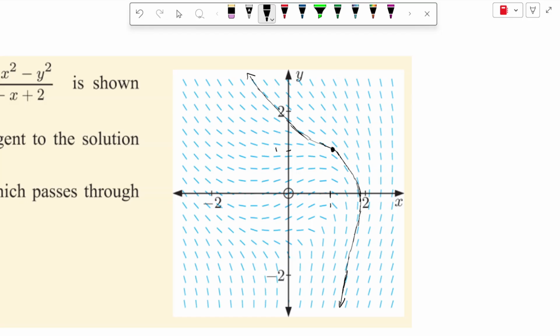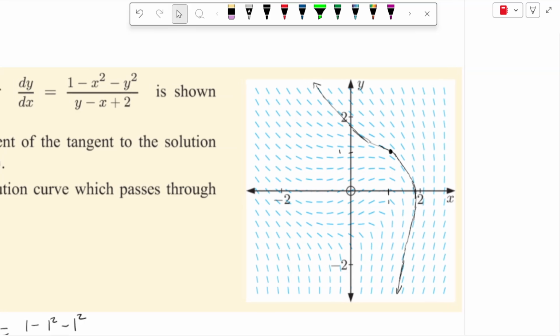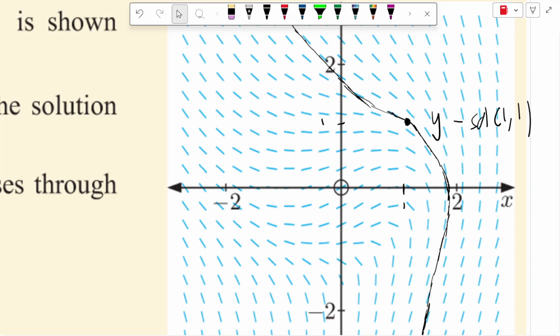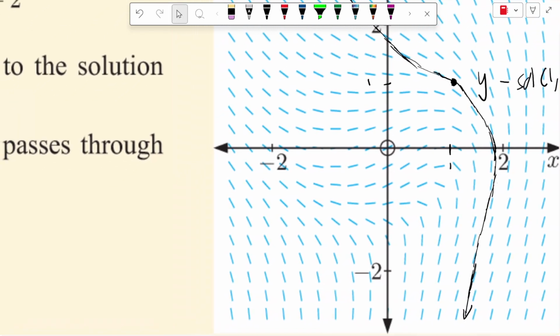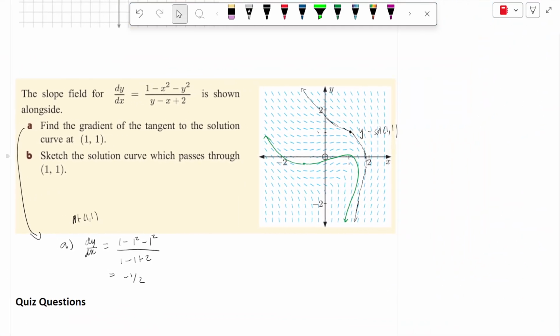So something like that. And you could label this something like y, or the solution through (1, 1). And you can imagine that based on whichever one you get, you might get different solution curves. So for example, a solution curve down here might have this sort of shape going on, and then it would weave in and through like that. And the solution curves can look very different depending what your starting point is.